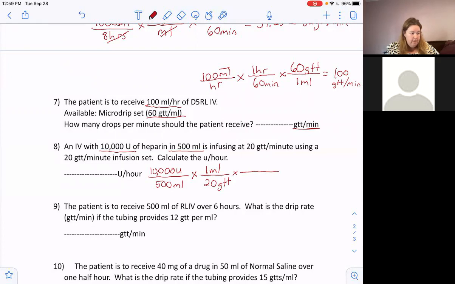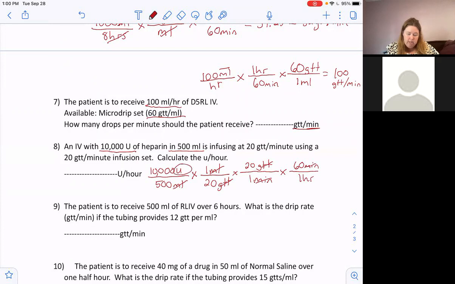And then we've got 20 drops per minute. And then this is per hour, so we need to convert our minutes to hours. All right, so we have our milliliters cancel out, our drops cancel out, our minutes cancel out.